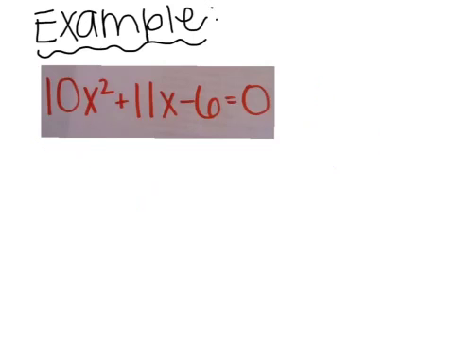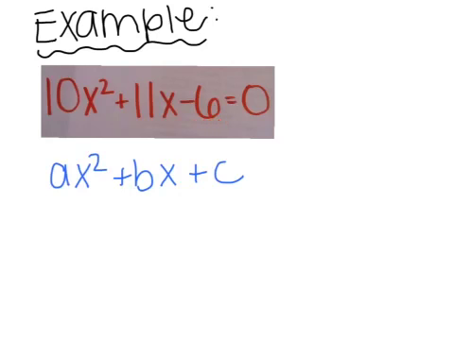So first we're going to try some examples. Now remember, step 1 is to convert the equation into standard form, which would be ax squared plus bx plus c. But as you can see, our example is 10x squared plus 11x minus 6.